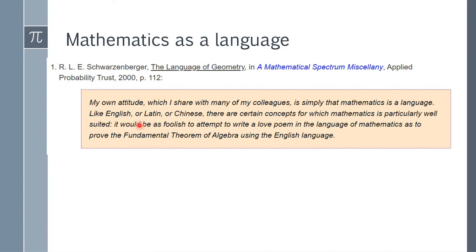Like English or Latin or Chinese, there are certain concepts for which mathematics is particularly well suited. It would be as foolish to attempt to write a love poem in the language of mathematics as to prove the fundamental theorem of algebra using the English language.